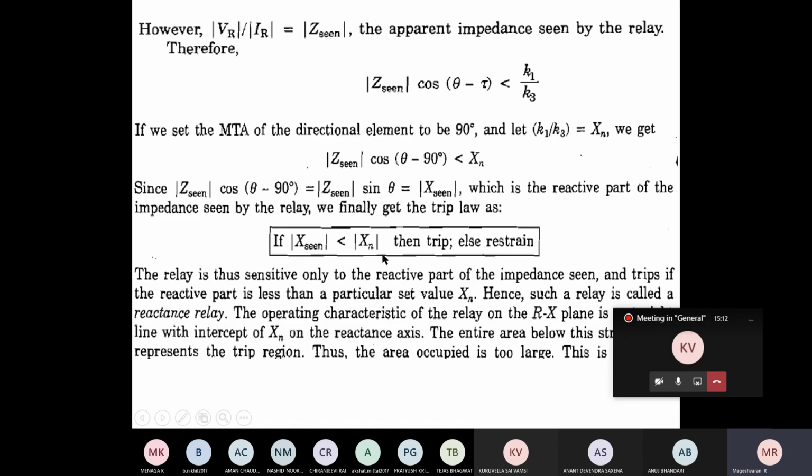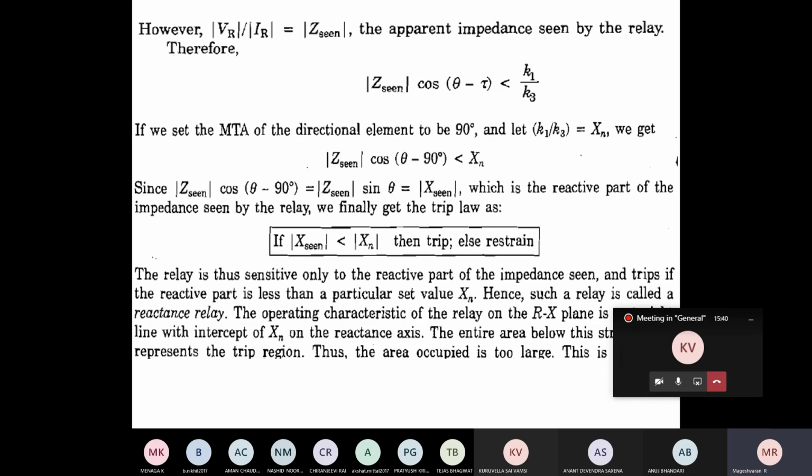Now for this condition, in the same RX plane, if you want to plot the characteristics of this particular reactance relay, since it is going to consider only the imaginary part of the impedance, which is the y-axis. Always we consider imaginary values in the y-axis, real values in the x-axis. That is why in the RX plane we are taking R in the x-axis and X in the y-axis.